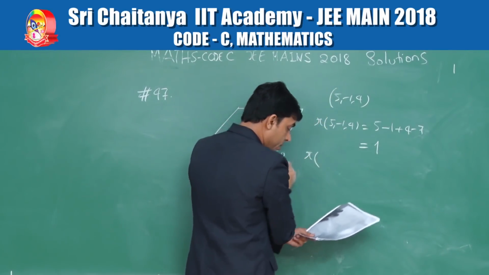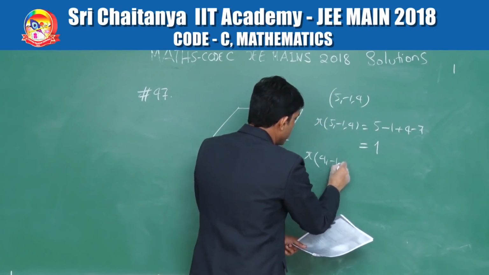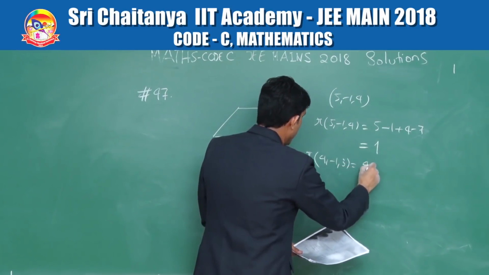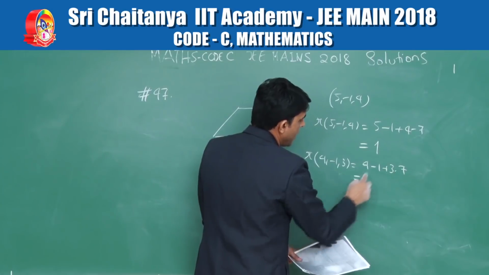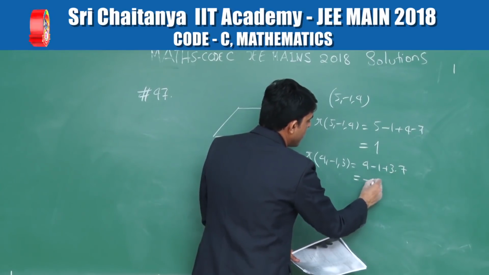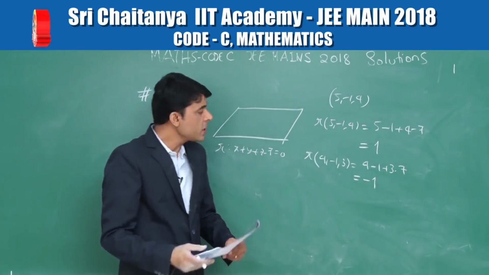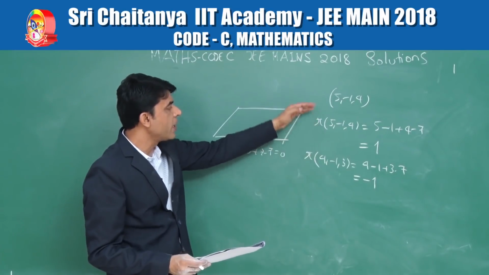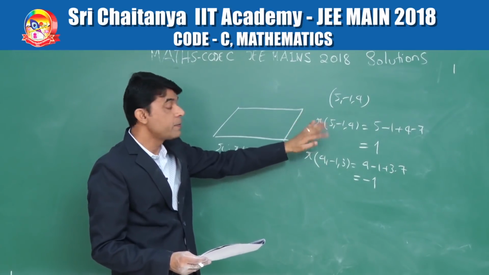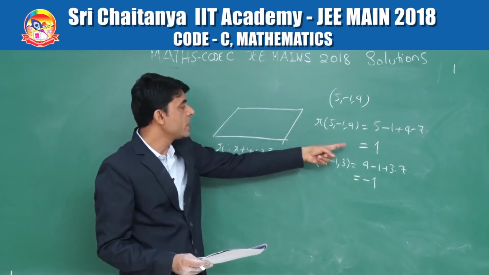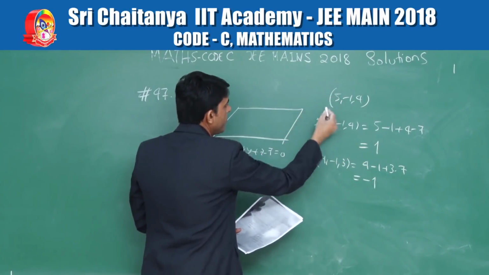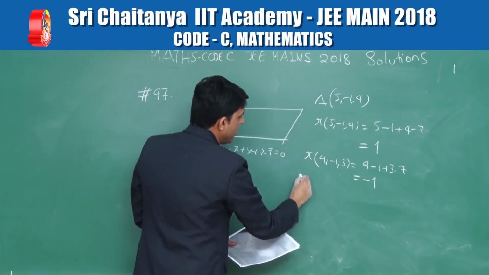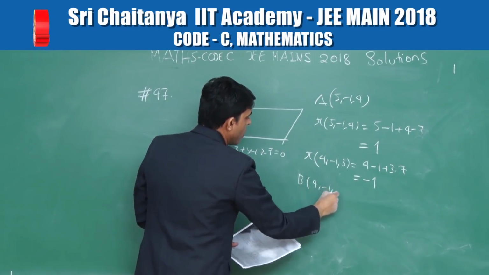And pi at 4, minus 1, 3 is 4 minus 1 plus 3 minus 7. And that is 4 plus 3, 7, so that is minus 1. So just observe that these 2 points are on the opposite side of the plane, because one is positive, one is negative. So let's write this point A and the point B as 4, minus 1, 3.